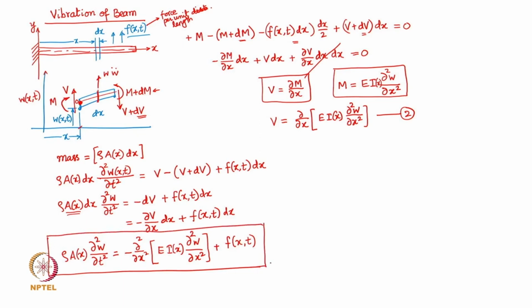Okay, there is no restriction in terms of the cross sectional properties. They can vary continuously with x, and therefore the cross sectional area and area moment of inertia of the beam about this plane.